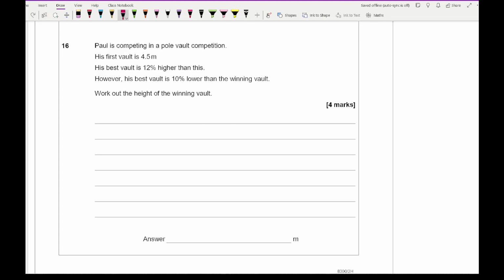So first things first, so we can work out what Paul's best is by doing 4.5 multiplied by 12% increase, so it's going to be 1.12, and that comes up to an answer of 5.04 meters. Now this 5.04 is 90% of the winning vault, so this equals 90% of the winning vault.